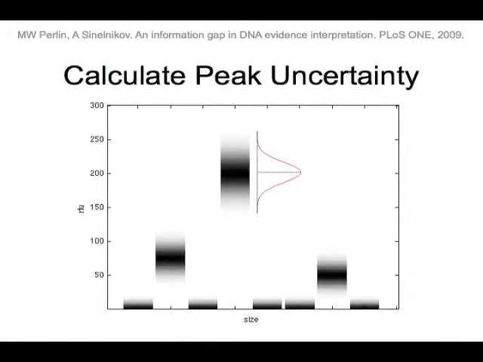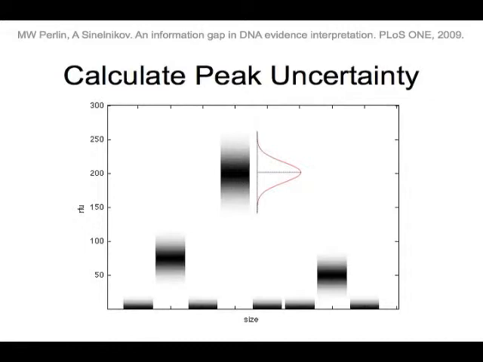Something else that's important is calculating the peak uncertainty. Peaks are not just peaks. From a Bayesian probability perspective, your data are random variables as well. And so every peak has a mean and a variance. I've represented the center of that peak where it's most dark, but that gray is trying to show a probability distribution of where the data might be.